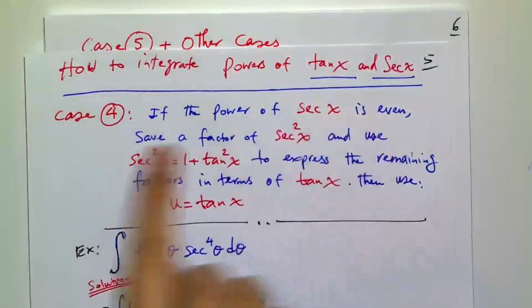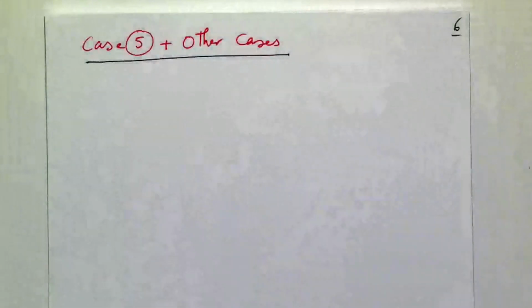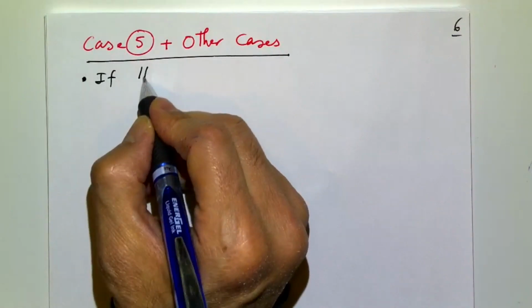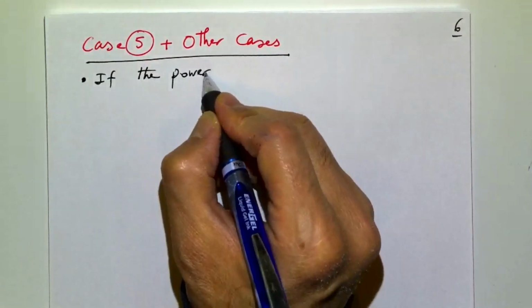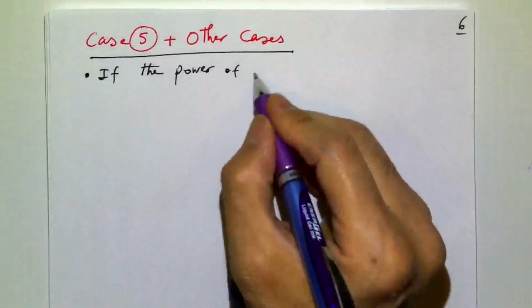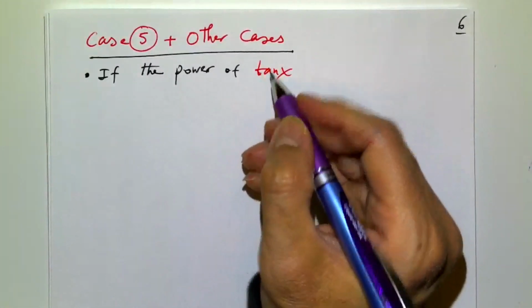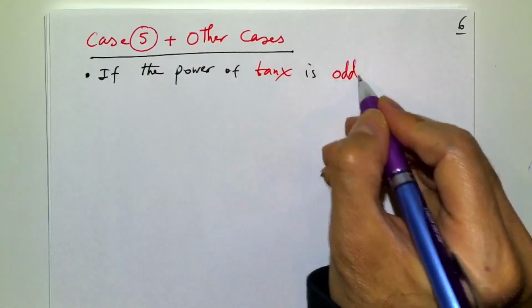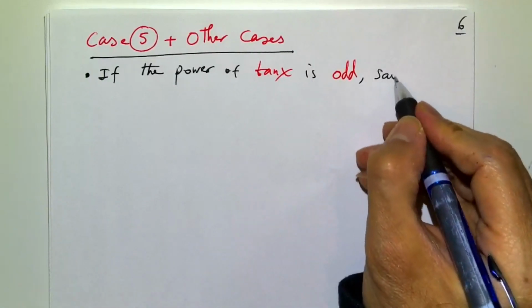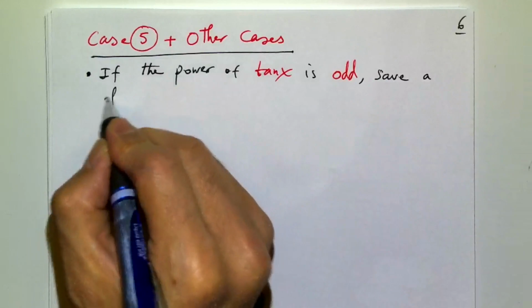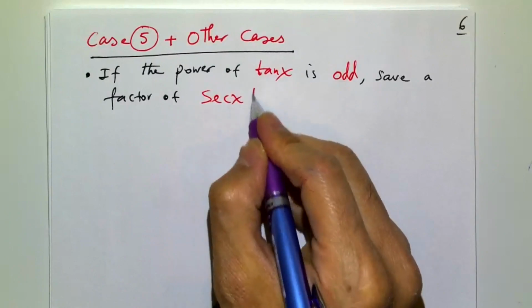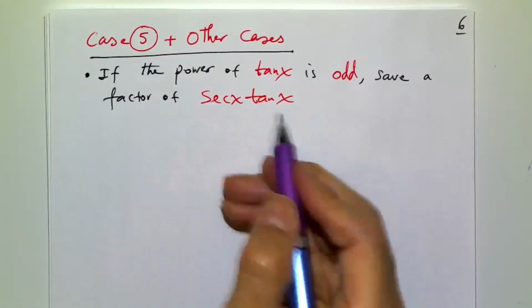We said if the power of secant of x is even, that was case 4. Now if the power of tangent of x, this time that's our focus, is odd, then we want to save a factor of secant x tangent x, this product.